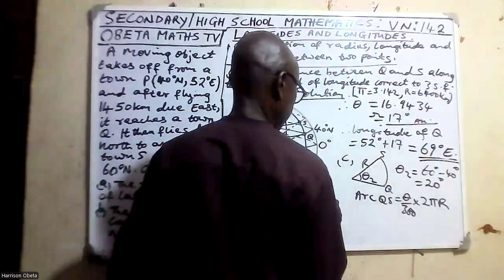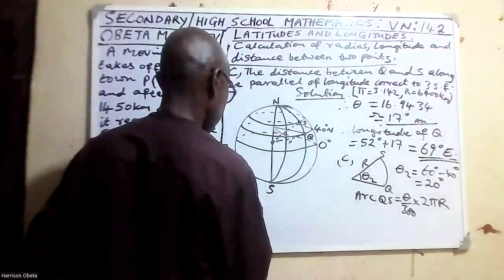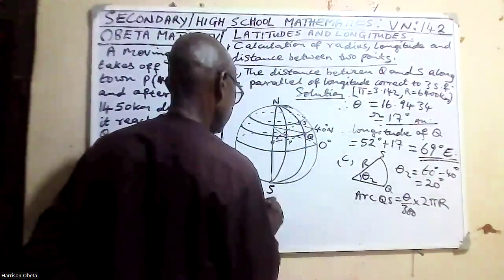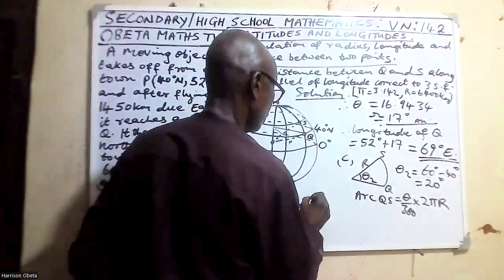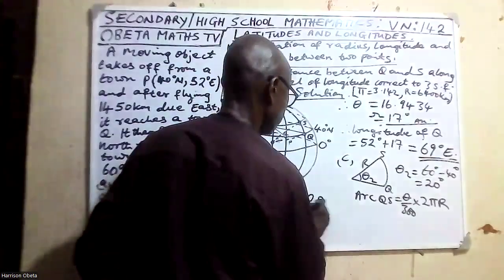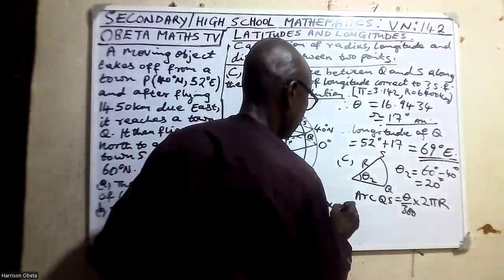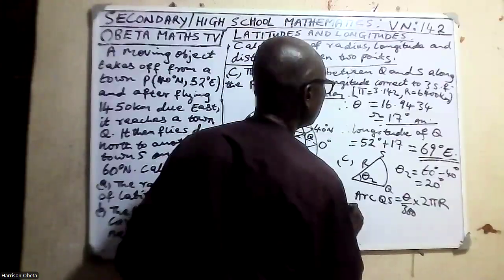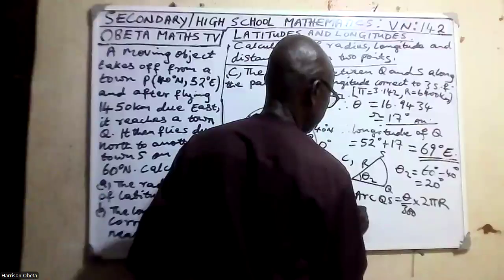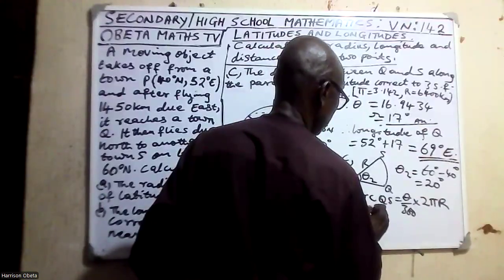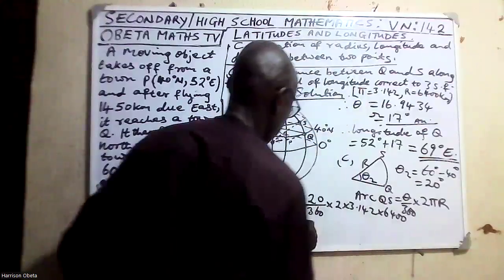So arc QS is equal to 20 over 360 times 2 times 3.142 multiplied by 6400.